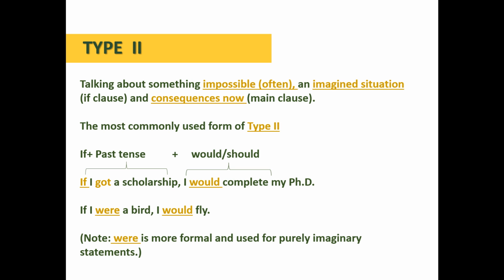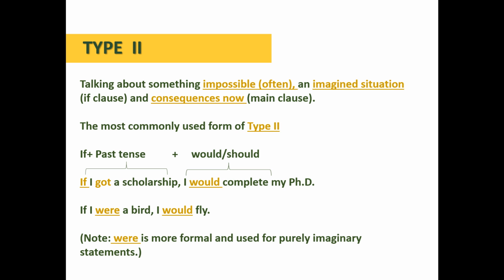Now we'll start with type 2. Type 2 is used when we are talking about something which is often impossible, most of the time it is impossible, and we are talking about an imaginary situation, and that situation's consequences, the result, can be seen now.